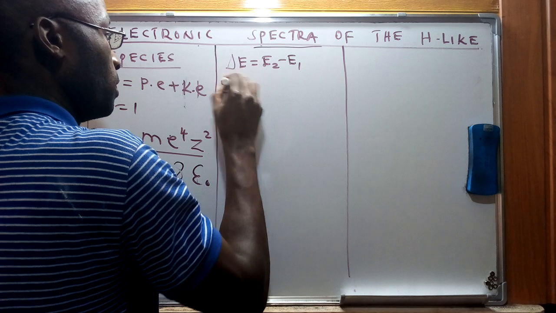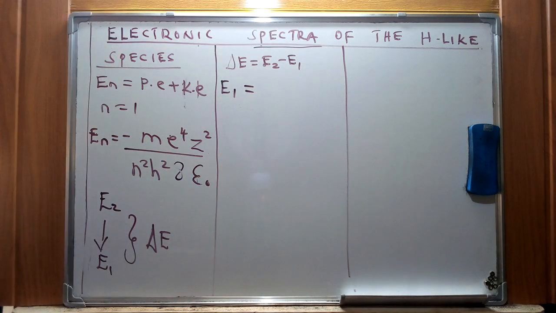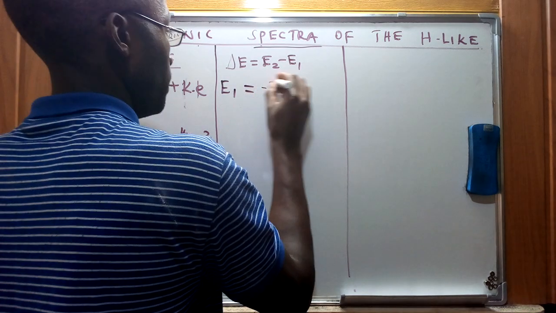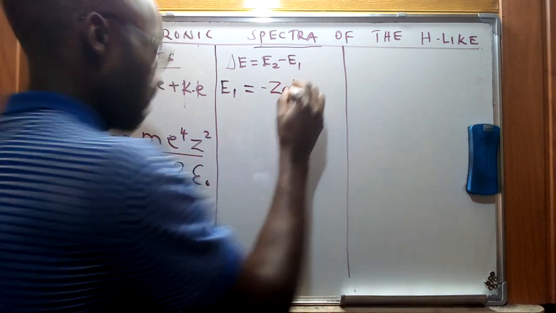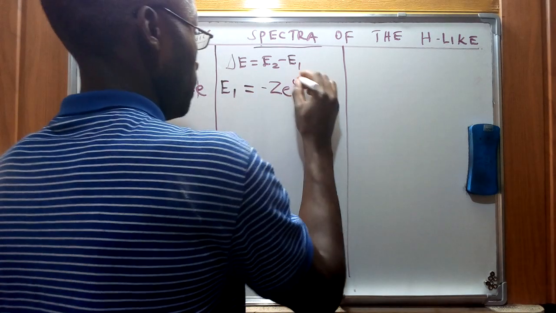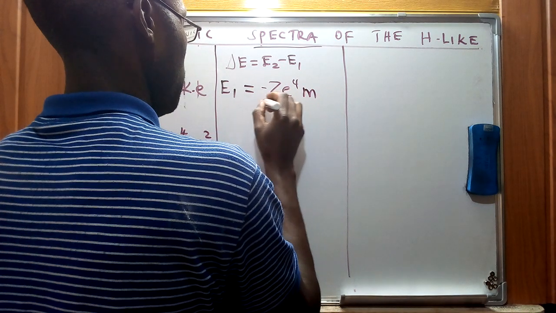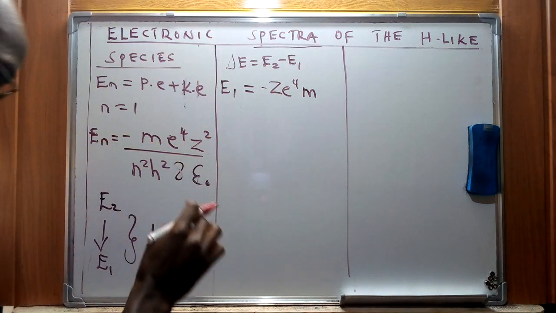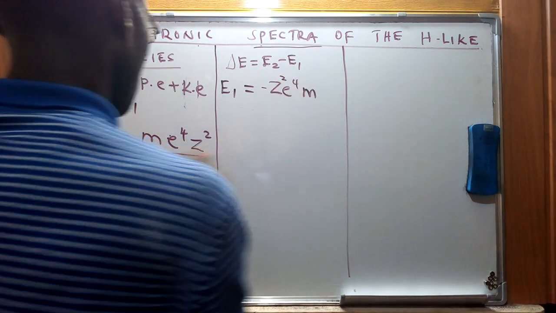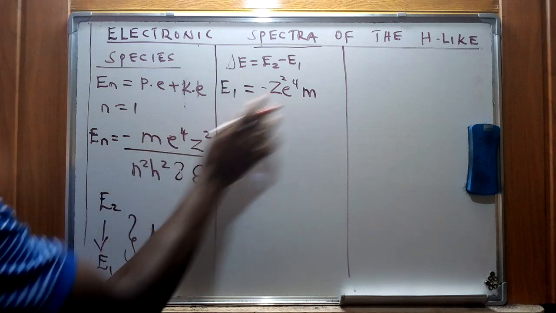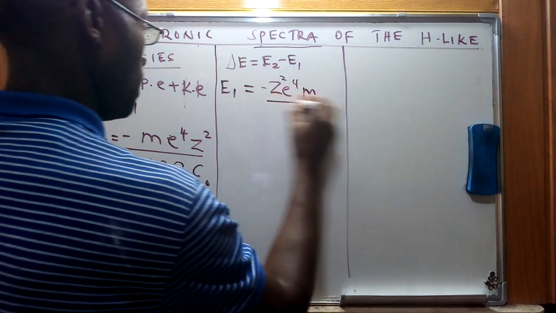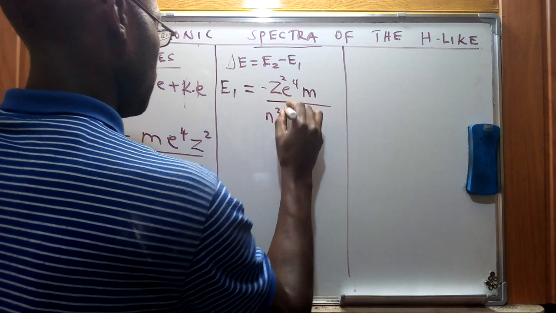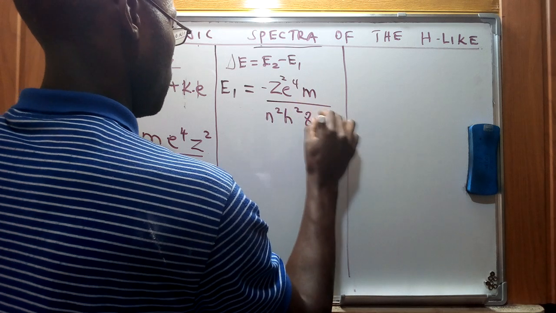For E1, we shall have the energy represented as negative Z squared e to the power 4 m all over n squared h squared 8 epsilon naught squared.